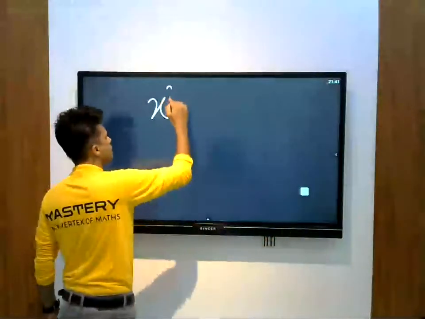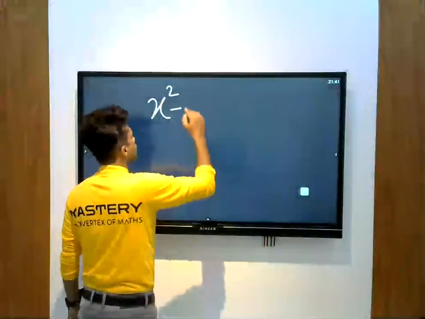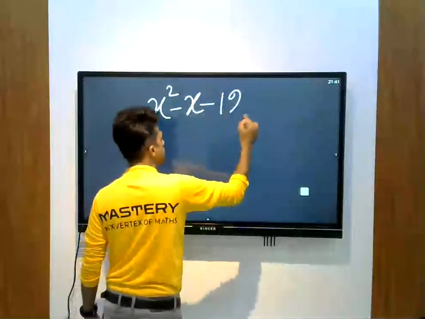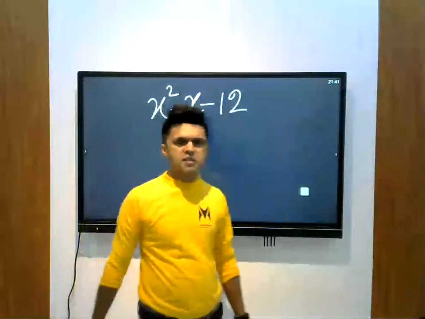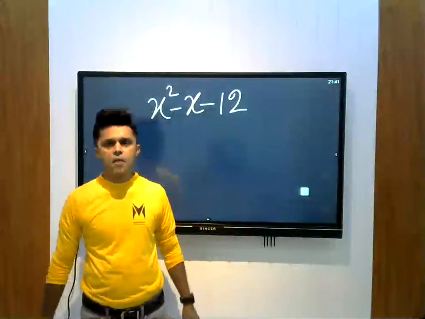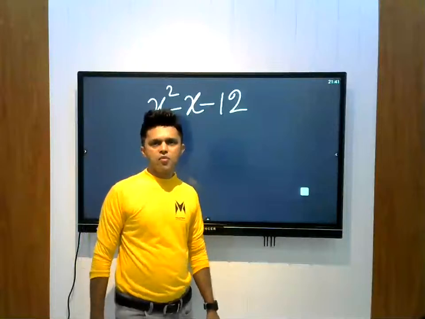X squared minus x minus 12. How can you factorize this type of one?